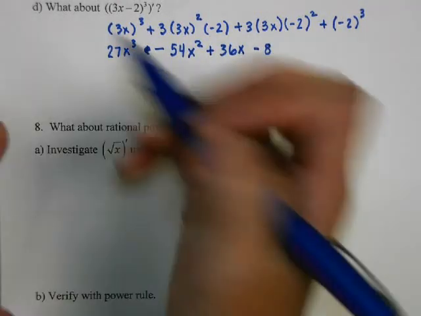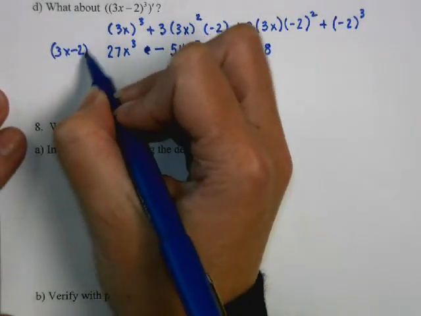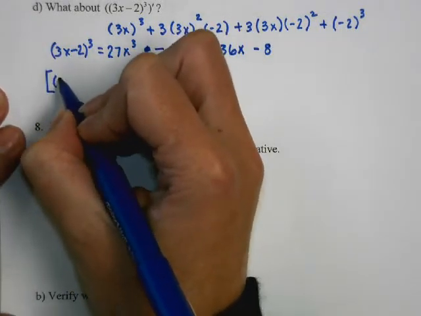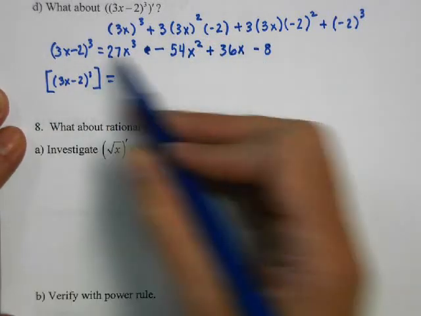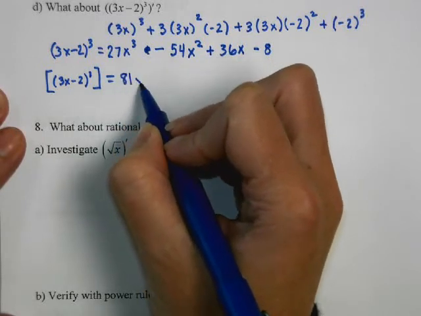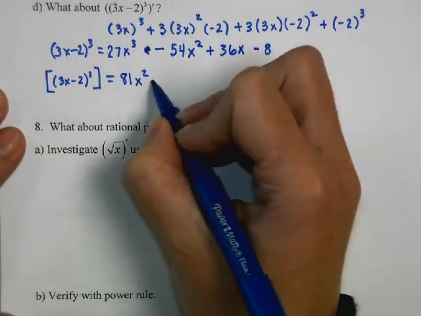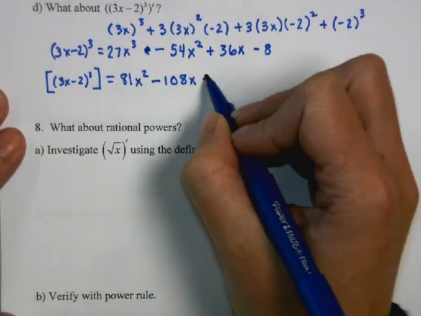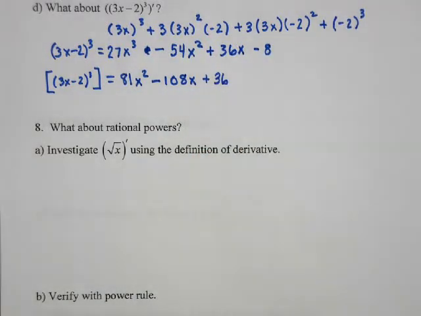So then I'm going to take the derivative. So this 3x minus 2 cubed is equal to this. So the derivative is going to equal the derivative of this. So 3 times 27 is going to be 81x squared. 2 times 54 is 108x plus 36 plus 0.